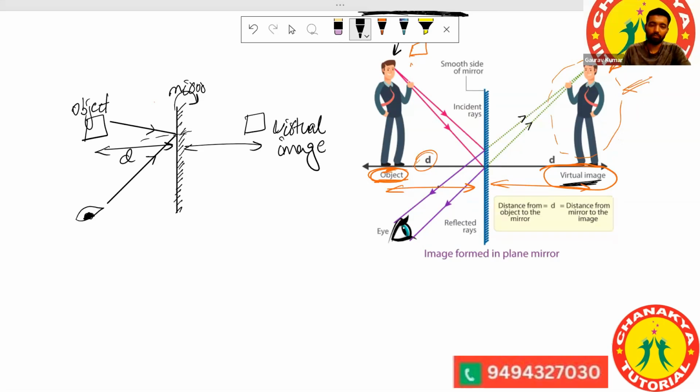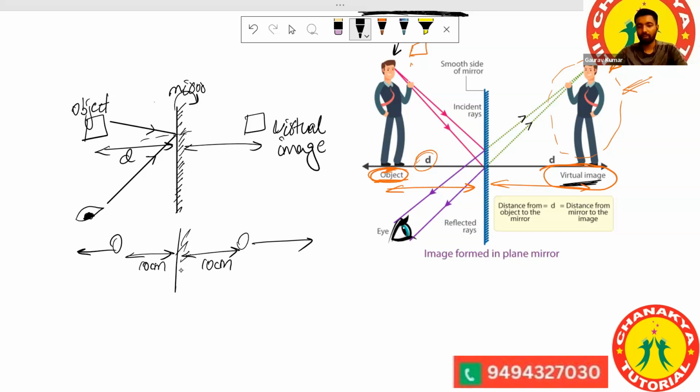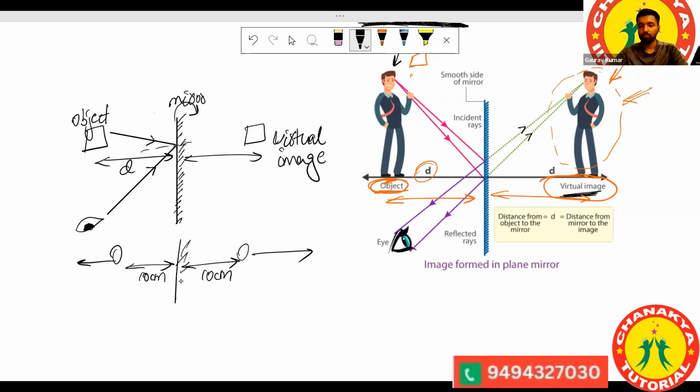So if an object is moving far from the mirror, the image will also move away. Take a rough idea that this is 10 centimeters. You will observe that the image will also appear 10 centimeters from the mirror. So it is the same distance from both sides, right? For a plane mirror, there are some properties.